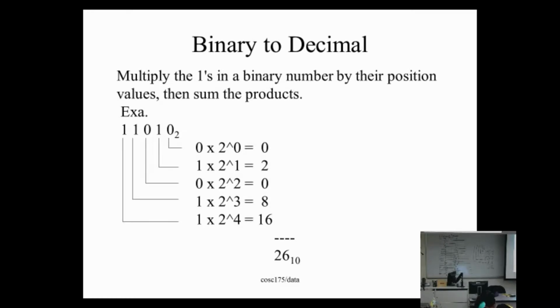Okay, let's try one at our seats. Okay? So I'm going to give you a binary number. I'm going to give you a binary value of, not the same one.